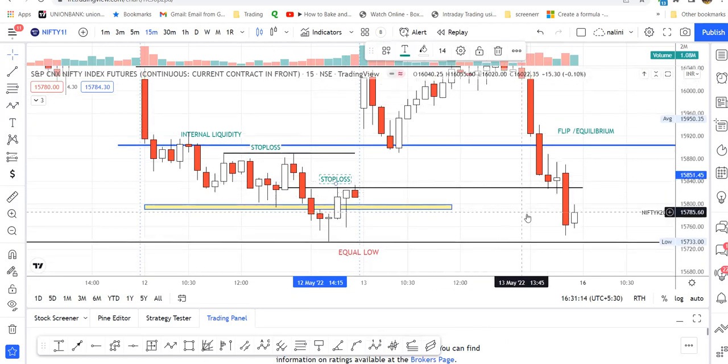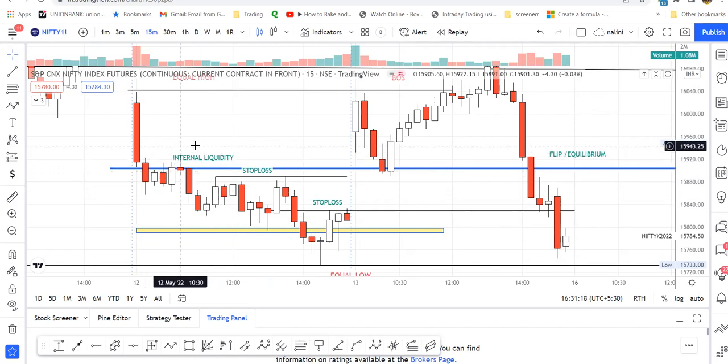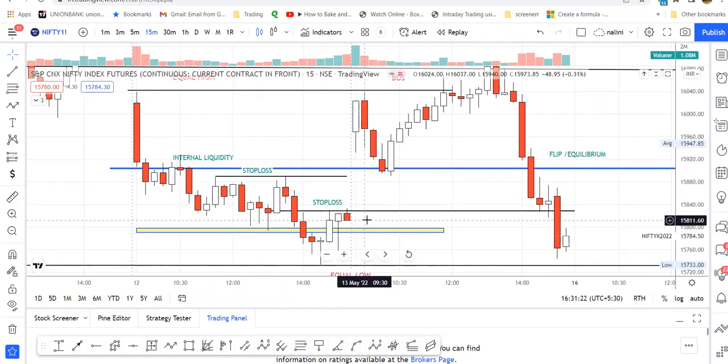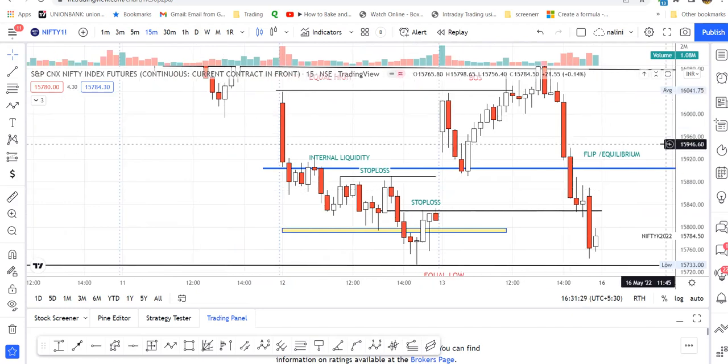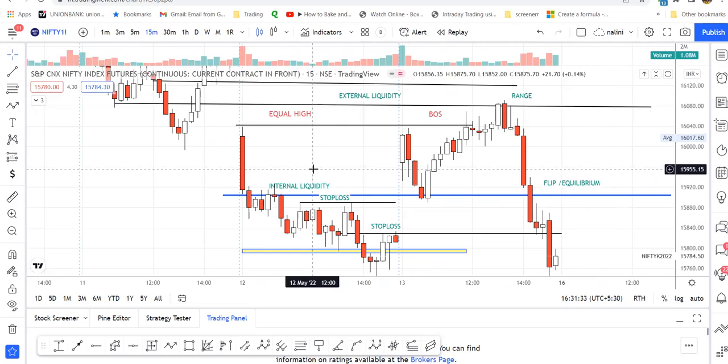What did the market do? What did the big institutions do? They grabbed all this liquidity. This is internal liquidity, gapped up to this level, and all the traders, all the gurus, technical mentors or technical analysts, have learned that double tops are resistance levels.